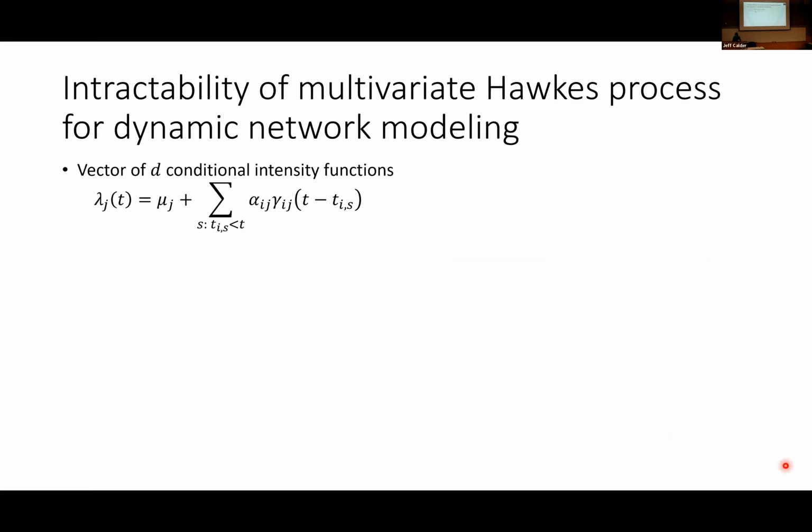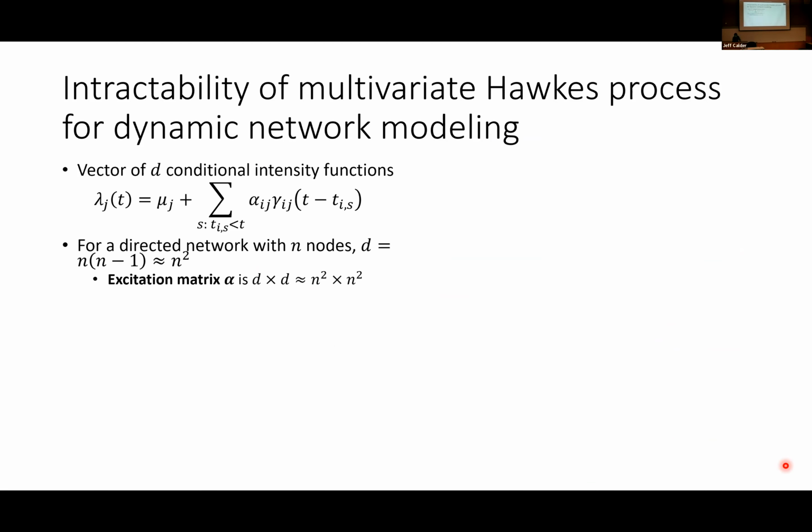This multivariate Hawkes process approach is intractable for modeling an entire network, just like this. The reason being, for a directed network with n nodes, there's n times n minus 1 pairs of nodes that we need to model.